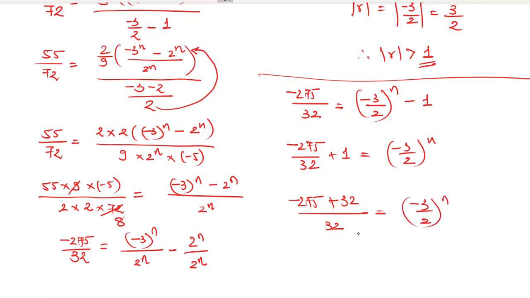Now it's getting nearer to the end. So minus 275 plus 32. What if I subtract 32 from 275? I get 3 here, 4 here, and 2. So it's minus 243. Minus 243 upon 32.